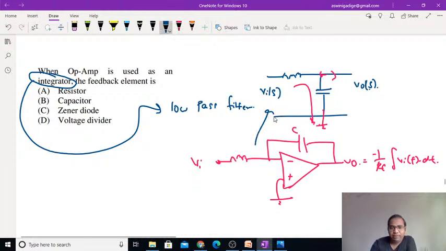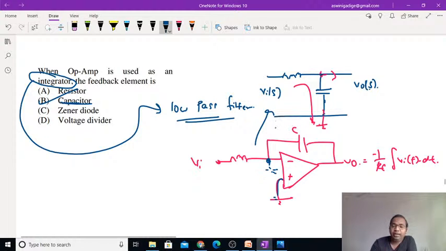This circuit can be represented like this. Why? Because here it is grounded, so the virtual ground concept will be applicable. That means the capacitor's one end is connected to V0 and the other end is connected to the ground here. So that's why the low pass filter requires the feedback element as a capacitor.